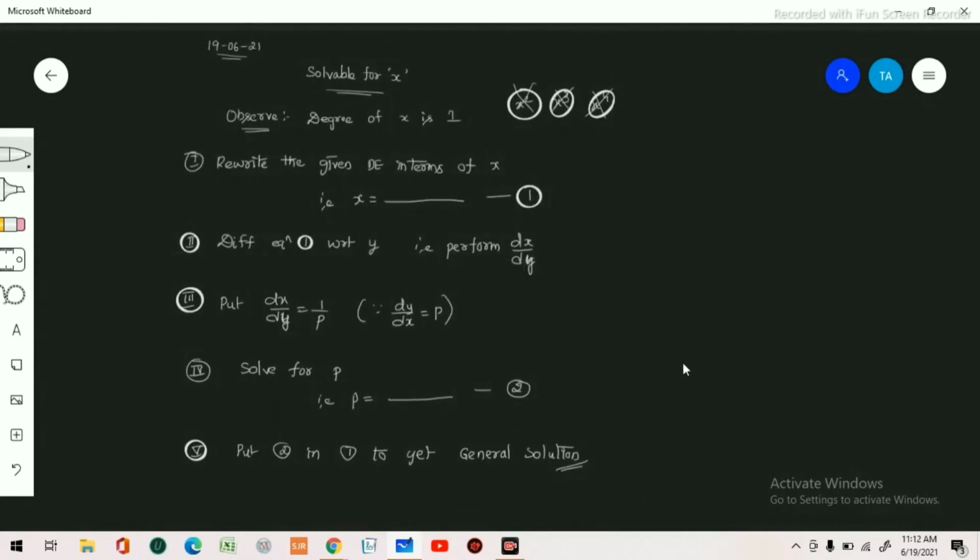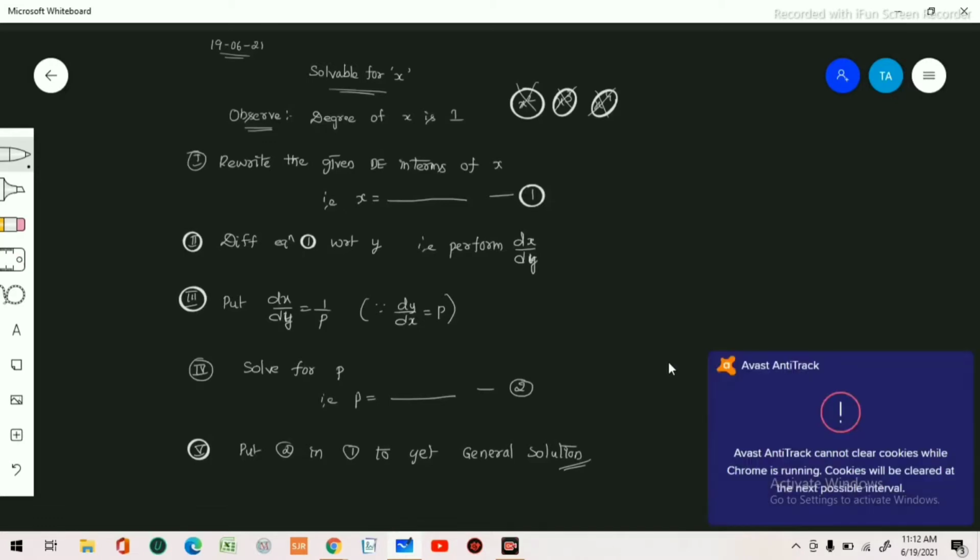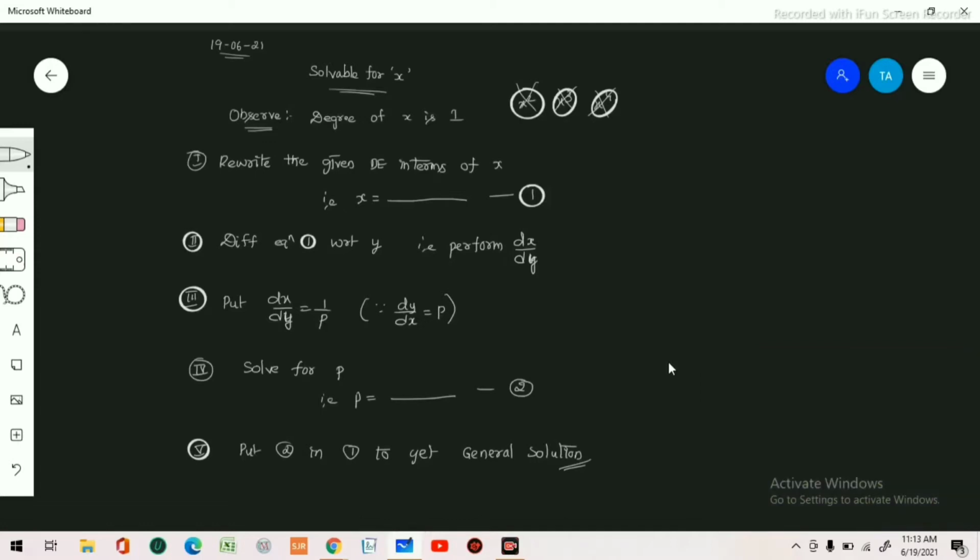In solvable for p, first we need to see the degree of the x term. If x is of degree 1, then we can solve through the solvable for x method. What does the solvable for x method say? First step, rewrite the given differential equation in terms of x and call it equation number 1.